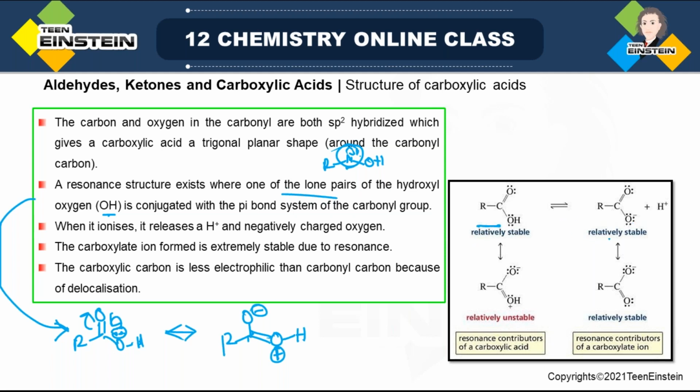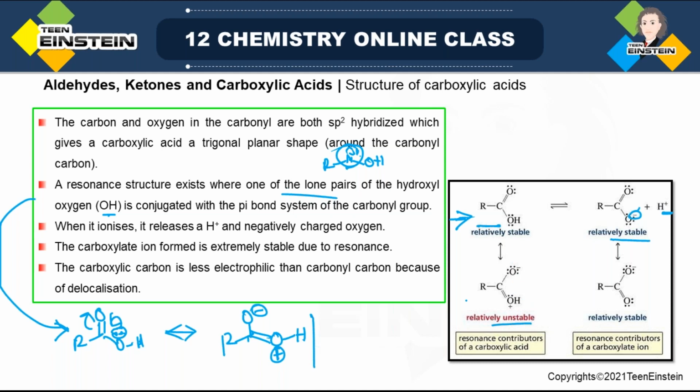Now after ionization, you are getting the carboxylate ion, with a negative charge over oxygen and H plus. Here also resonance is possible, just like we have done for the non-ionized form. This is the non-ionized form, where resonance is possible. See, this structure I have already drawn here.